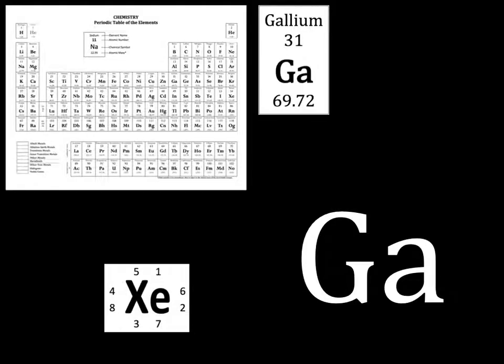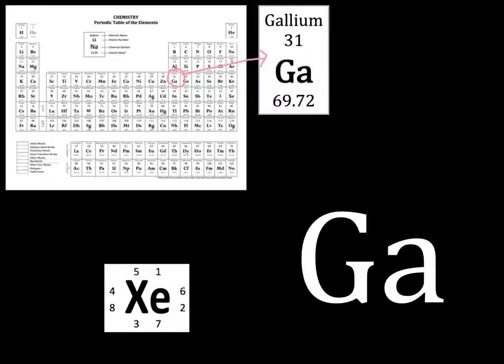Alright, our example is gallium. So we need to find gallium on our periodic table. It's right here. That's our gallium. And we need to know what group number it's in.